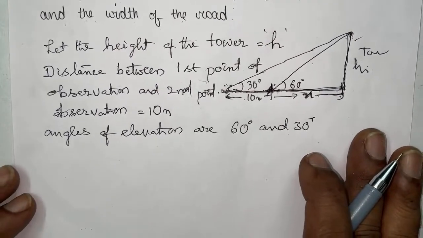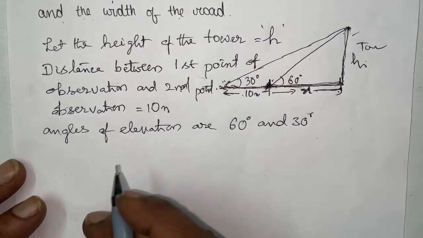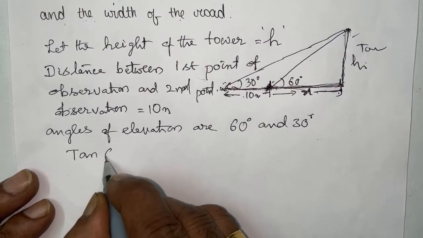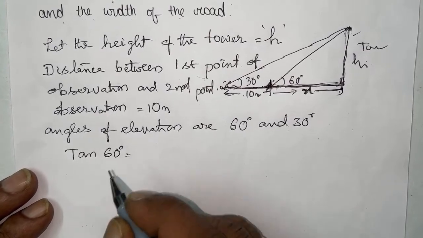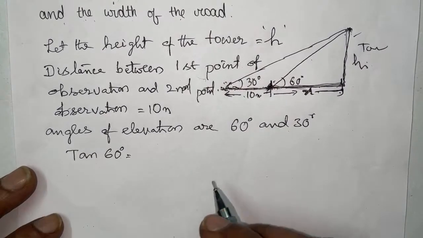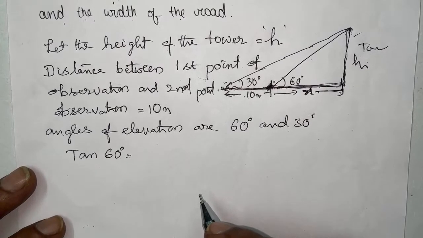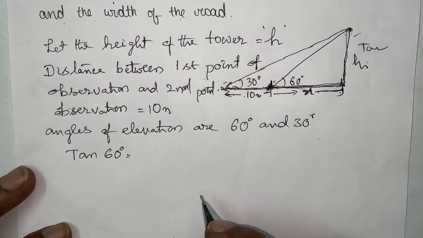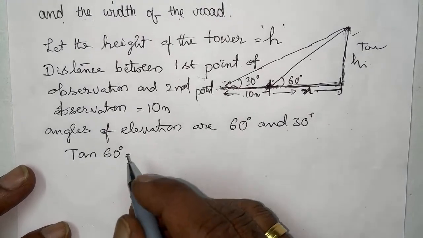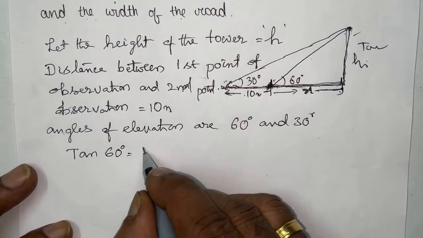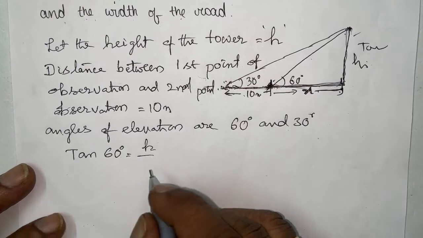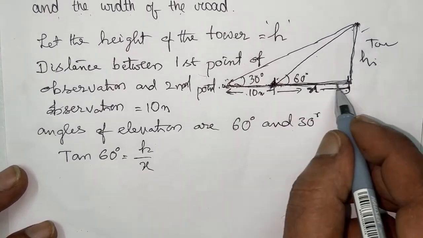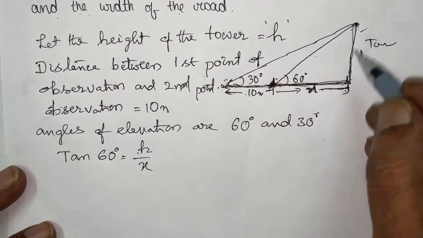Now, first of all, we will go by observing tan 60. Interesting question. Yesterday only I told you already: tan 60 means we have to go for the opposite and adjacent. Here the opposite is h, and the adjacent is x. x is nothing but the width of the road, and h is nothing but the height of the tower.